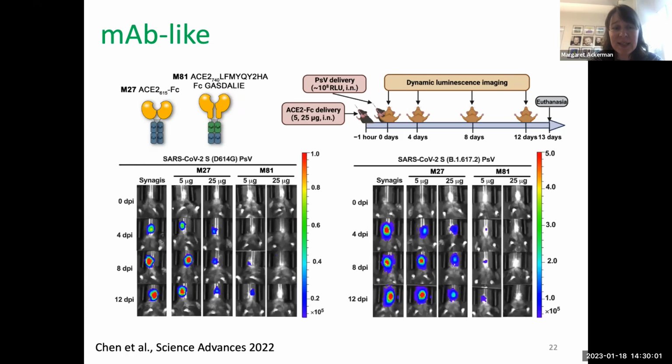What you can see here is that animals treated with the wild type ACE2 Fc domain, M27, showed greater viral replication than did those that were treated with the Fc receptor binding enhanced variant of this fusion protein. And that's the M81 construct shown at the right.